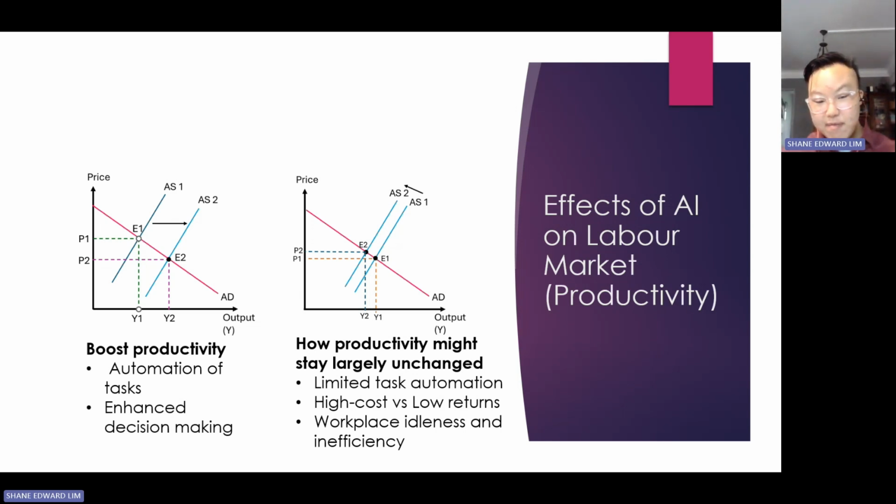If AI implementation results in minimal productivity gains due to factors such as limited task automation, high costs, and workplace inefficiencies, the aggregate supply curve may only shift slightly upwards or remain nearly unchanged, moving from AS1 to AS2. Consequently, the new intersection may still be at E2, but it may show little change, indicating productivity improvements may not be substantial.